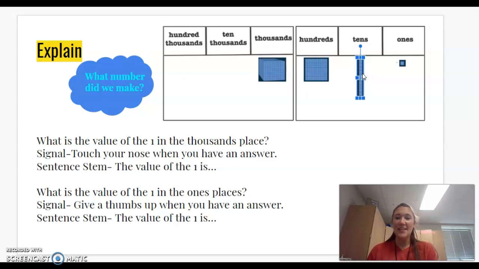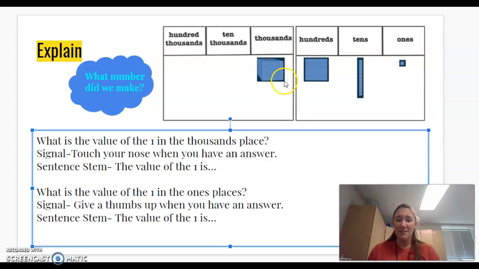If we move over to the second column, there's a single tens block in the tens column, meaning that its value is 10. If we move over to the hundreds column, there is one hundreds block, and so that means its value is 100. In the thousands column, there is a single cube, and that shows its value of 1,000.